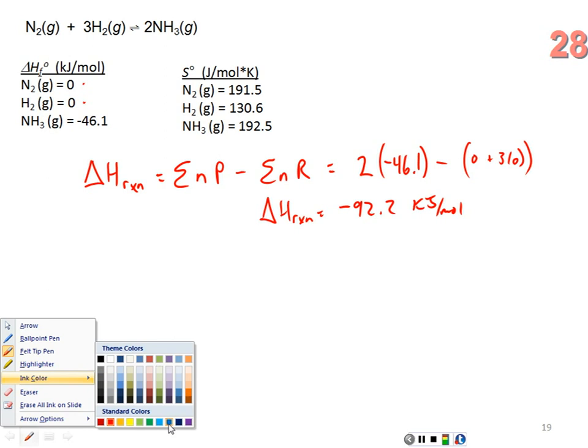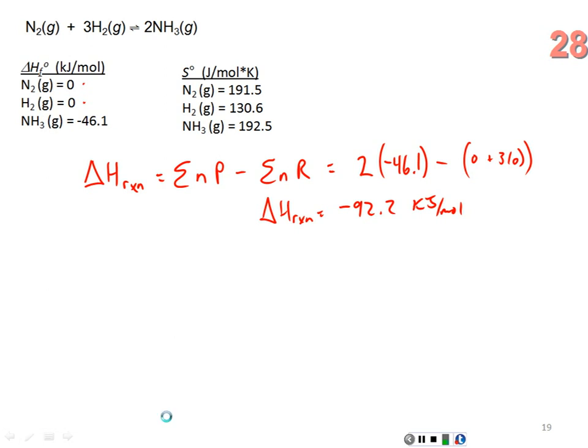So let me change the color for delta S. Delta S of the reaction, again, is going to be the sum of the products minus the sum of the reactants.